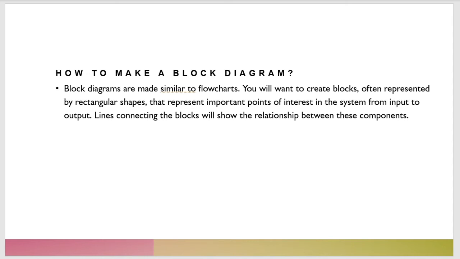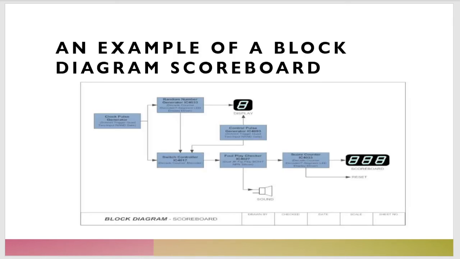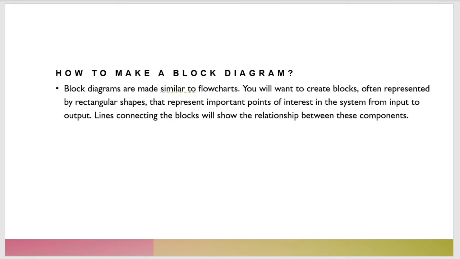You will want to create blocks often represented by rectangular shapes. Those represent important points of interest in the system from input to output. There are also lines that connect the blocks which show the relationship between these components. So let's say for example we have the pulse and then random number generator and switch controller.